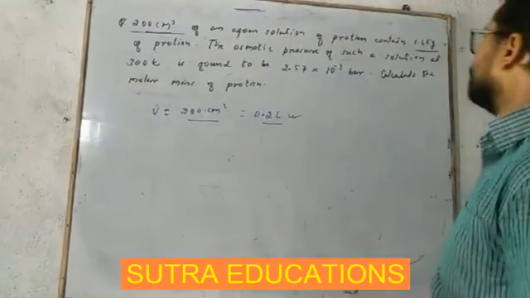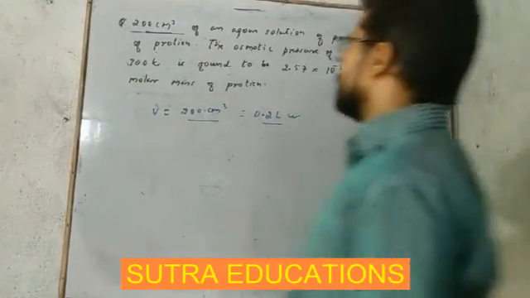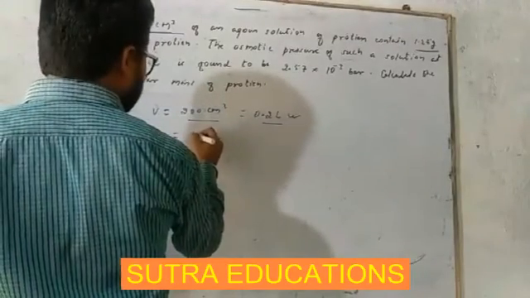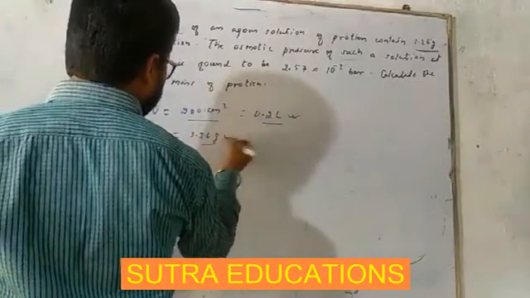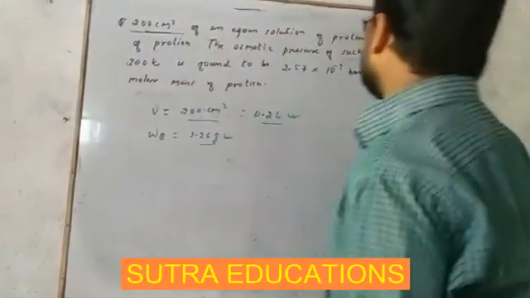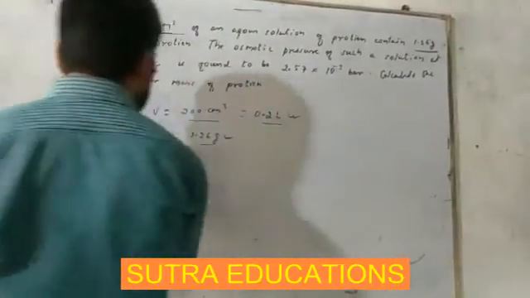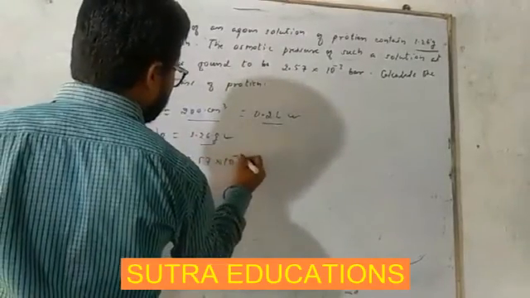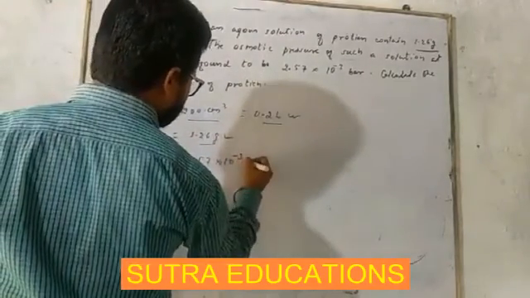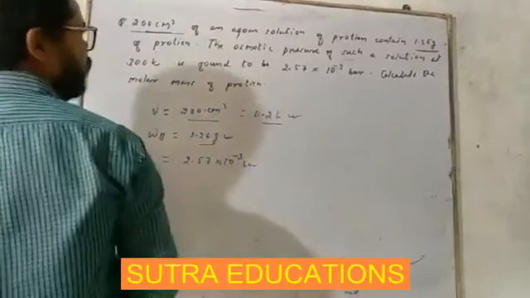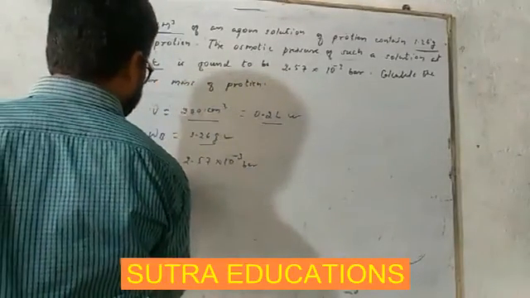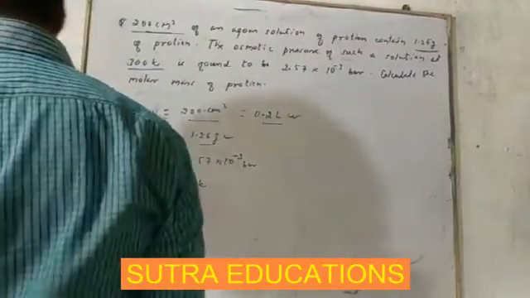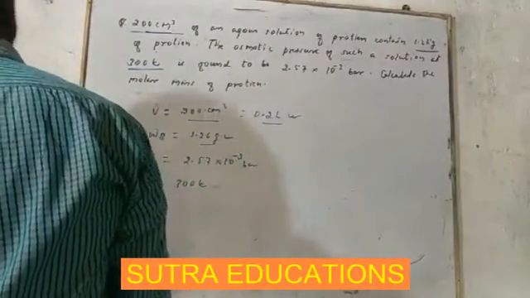Then 1.26 gram of protein is given, so WB is equal to 1.26 gram. The osmotic pressure pi is given 2.57 into 10 to the power minus 3 bar. Temperature is given 300 Kelvin. Calculate the molar mass of protein.